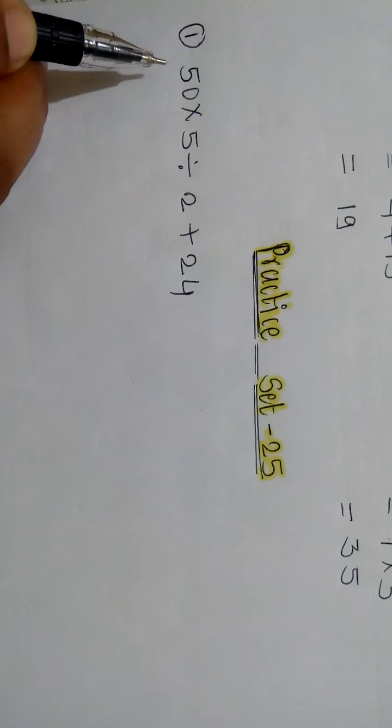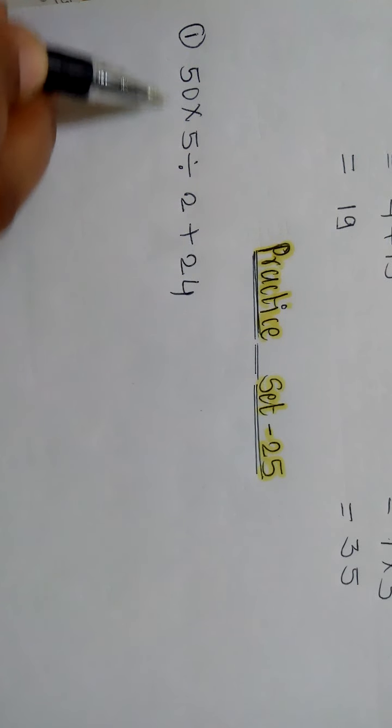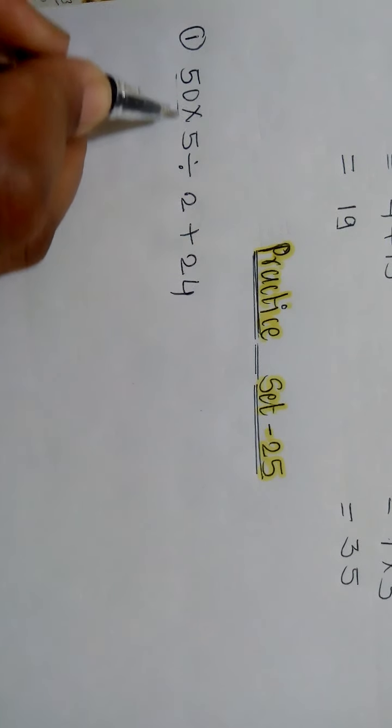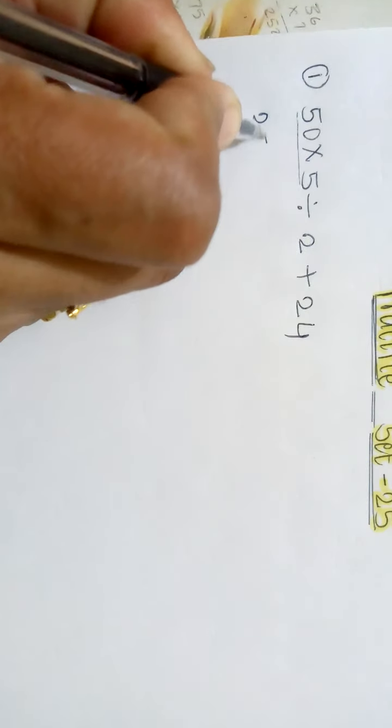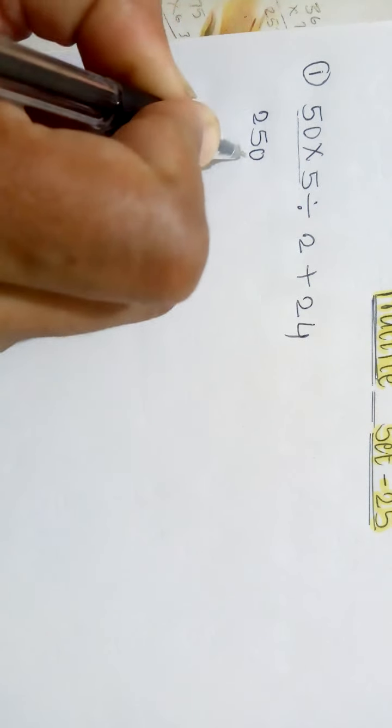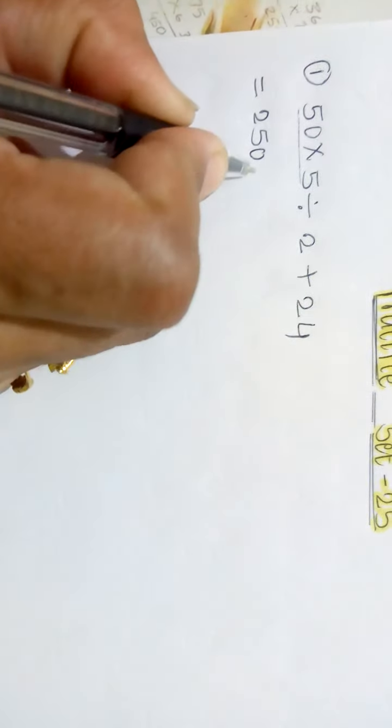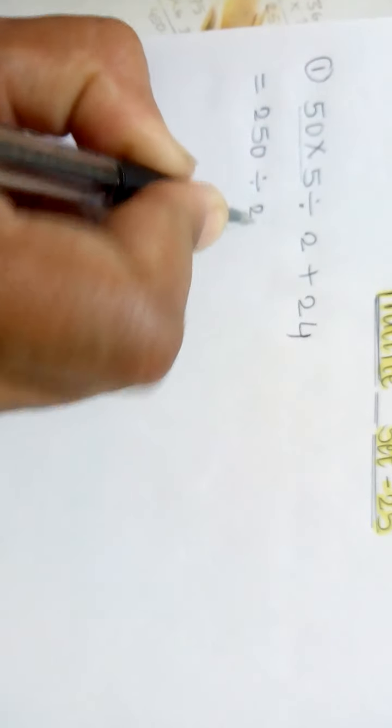So from the left side, the first operation is multiplication. So first we will do 50 into 5. 5 5s are 25 and 0 as it is, so 250. Then the remaining expression as it is we will write, divided by 2 plus 24.